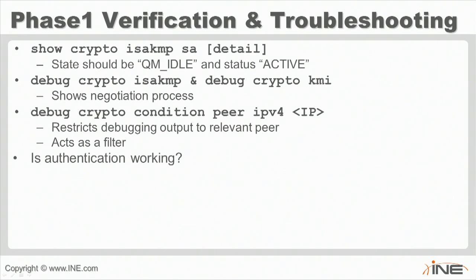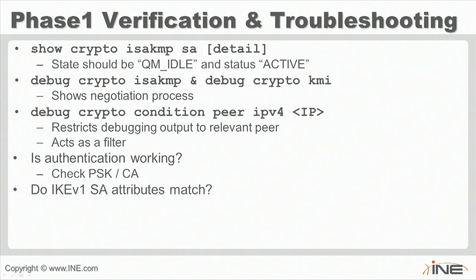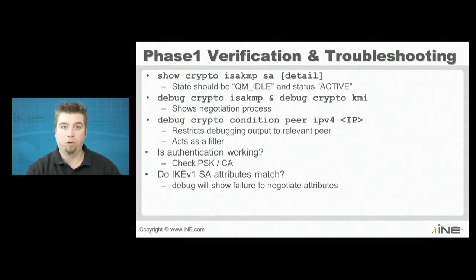The next thing that we would want to look at is, is the authentication working? You can tell this generally from the debug crypto ISAKMP, whether your pre-shared key or your certificates are working, because that's going to be part of the phase 1 negotiation. Also, we want to look at, do the attributes match for the policy? When we look at this debug for crypto ISAKMP, it's going to show the proposal exchange where the initiator says to the receiver, I want to do this authentication, this encryption, this hashing, this Diffie-Hellman group, and then the responder is going to check that against its policies and determine, is this acceptable or is this rejected?